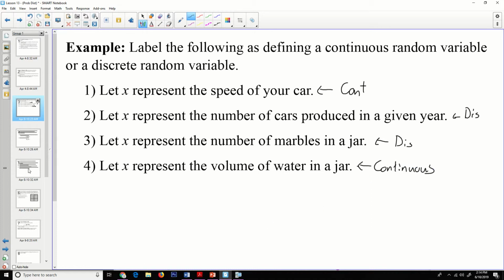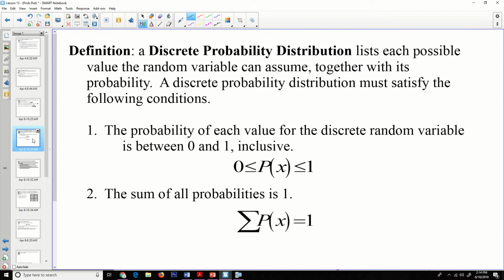All right, moving on. Definition: a discrete probability distribution lists each possible value the random variable can assume together with its probability. A discrete probability distribution must satisfy the two following conditions.